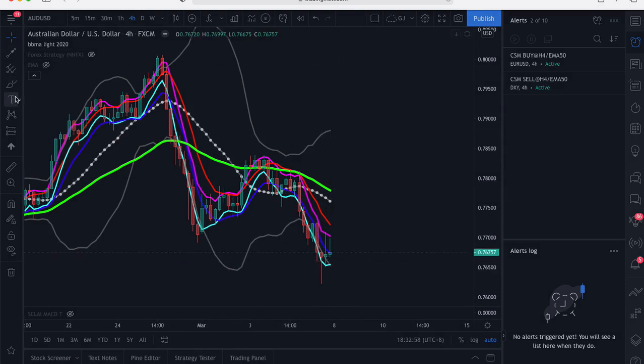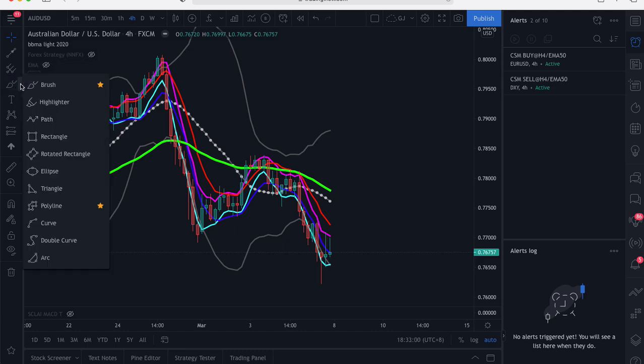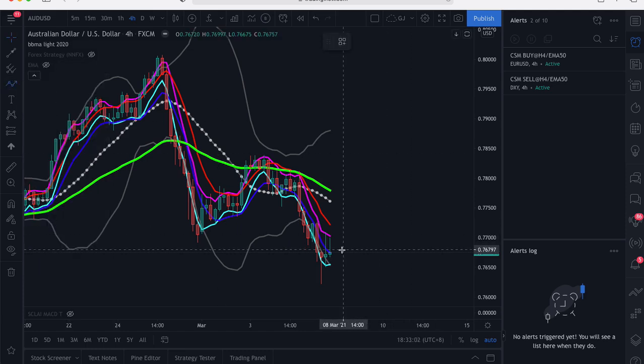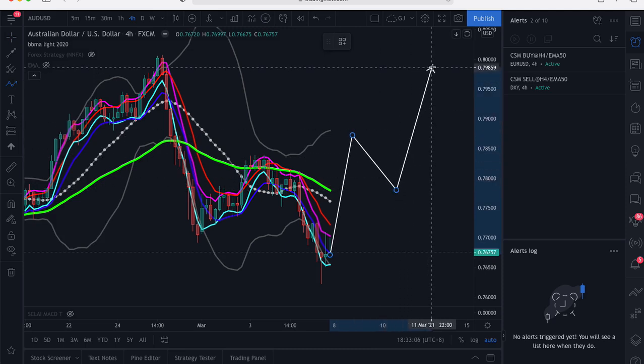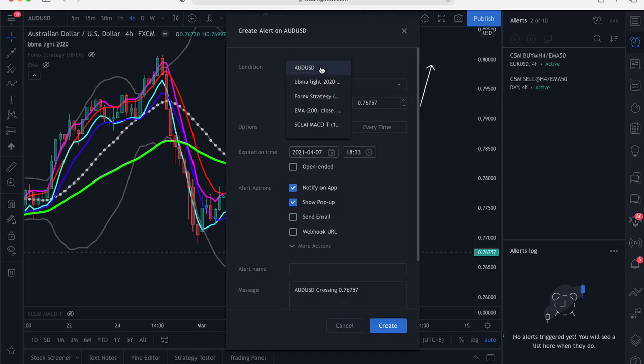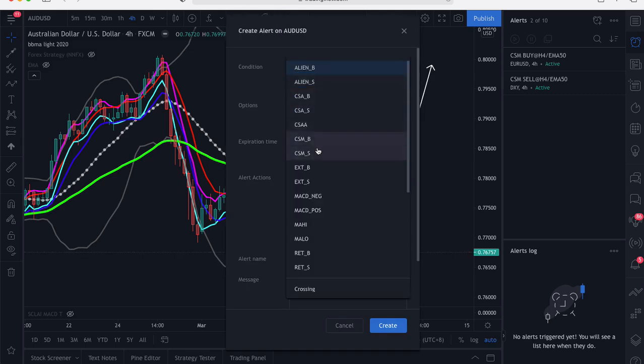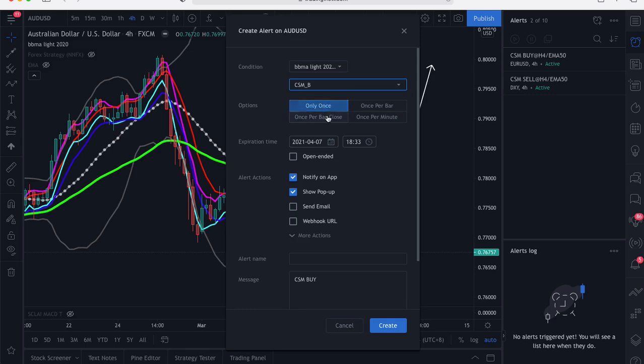So we want to wait for the price to go up to make a CSM buy, make a pullback. That's where our entry is to continue to go up. So set an alert as well, CSM buy, EMA 50. Oh, sorry, typo.